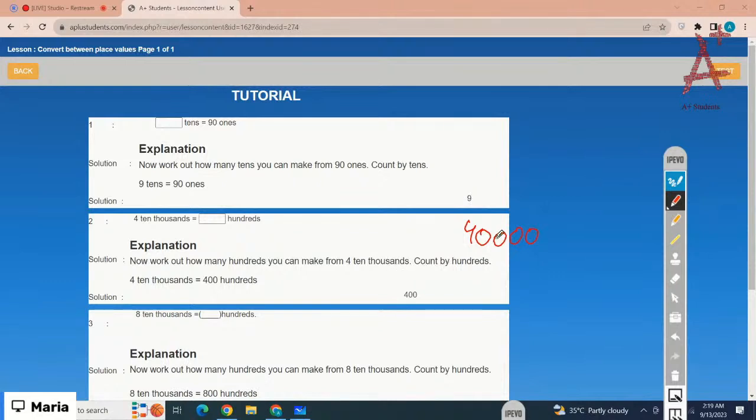You have to see how many hundreds. So you can just divide it by 100. Two zeros can cancel out and you're left with 400. This way you can easily find. So that means you have 400 hundreds, right?